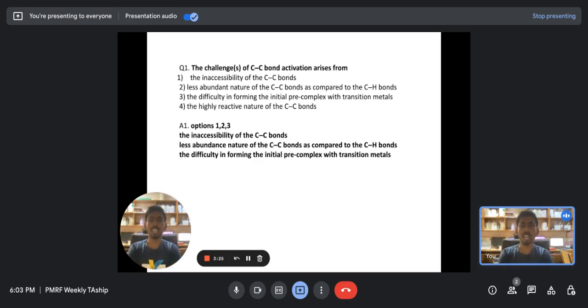The first point is the inaccessibility of the CC bonds. The CC bonds are sterically more hindered than the CH bonds, because you can see the size of the carbon atom is much greater than that of the hydrogen atom.